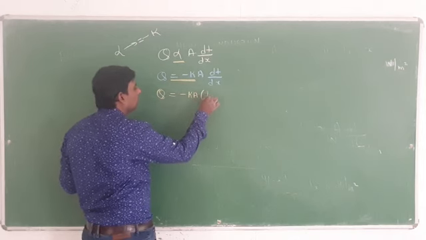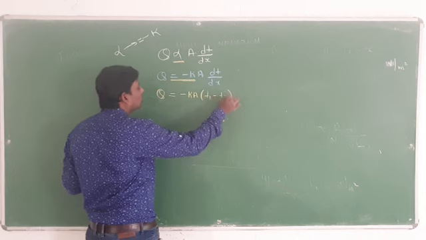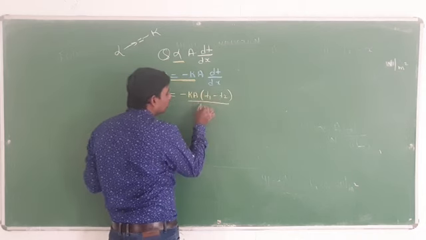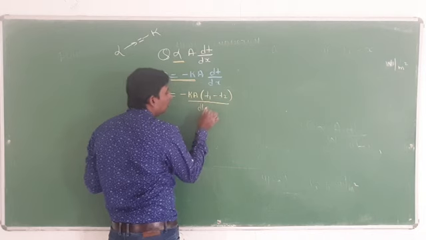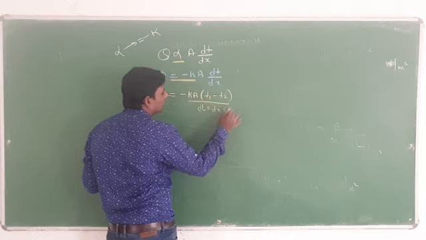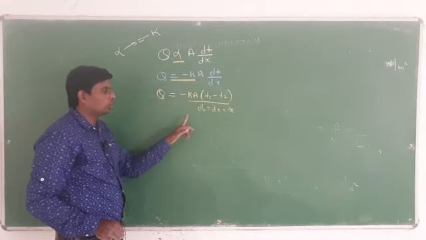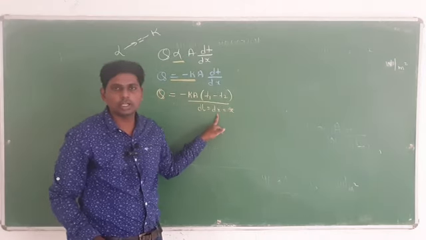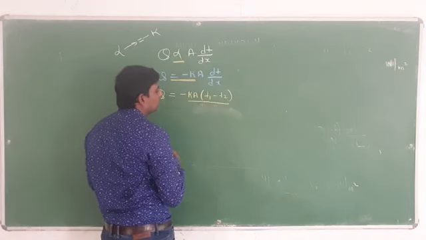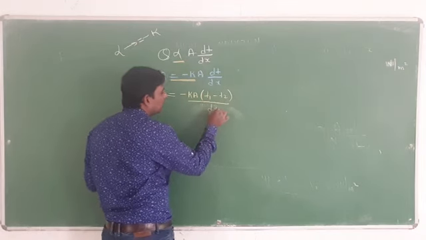Here you can write T1 minus T2. I told you, this one you can write as dl or dx or x, it's up to you. Better to write dx here.